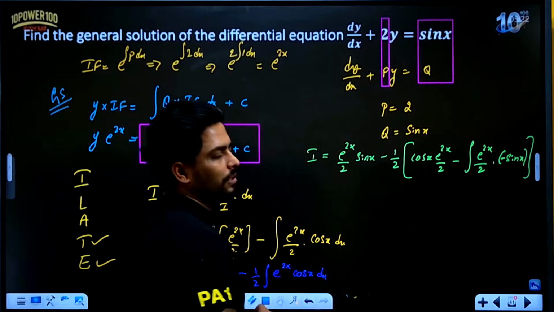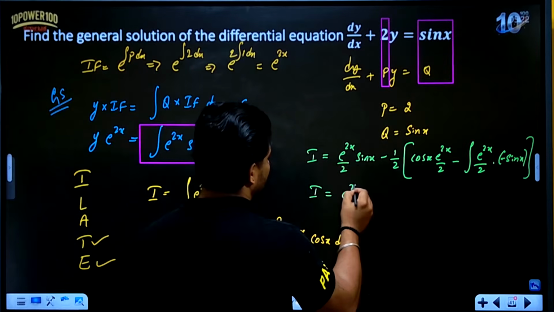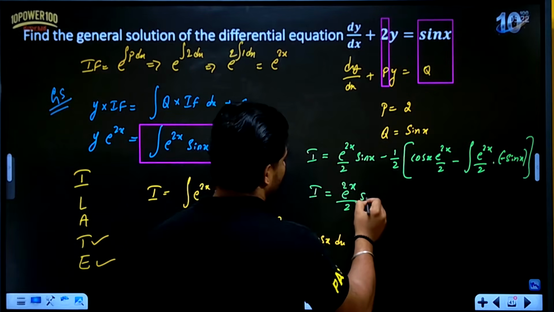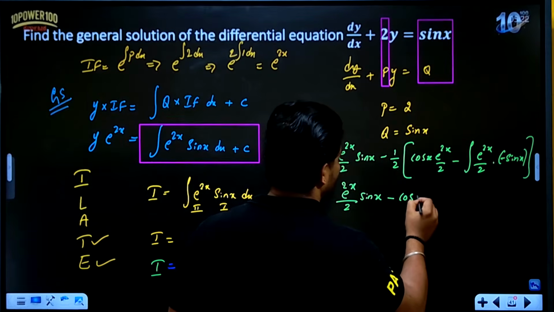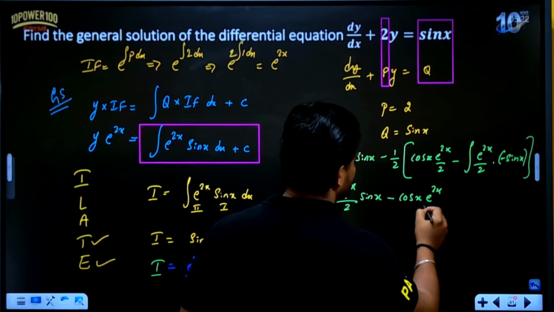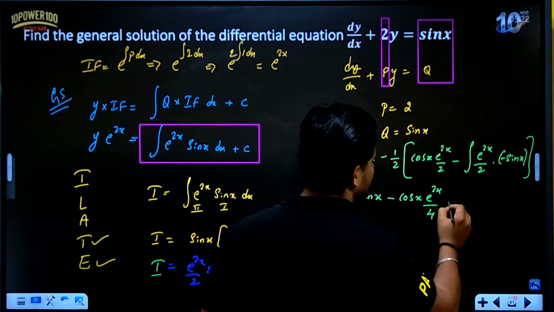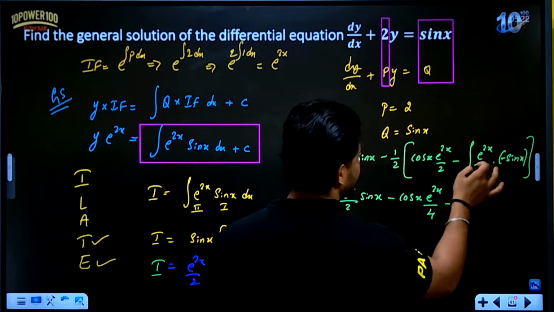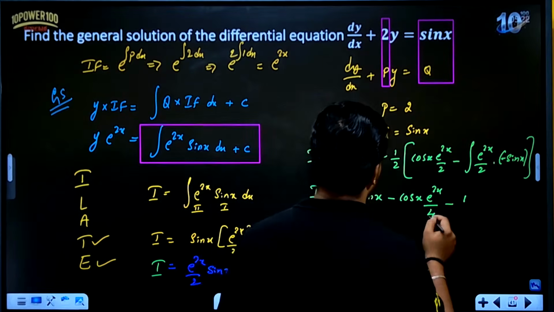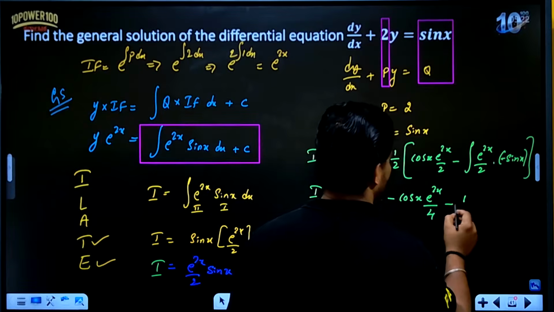Okay, if you solve this, be a little careful. So I is equal to e to the power 2x by 2 sin x minus, we'll multiply everything inside. So we get cos x e to the power 2x by 4. Minus into minus will become plus, but the outside minus also applies, so this becomes minus. Minus what is this? I by 4. Correct? Yeah, I by 4.